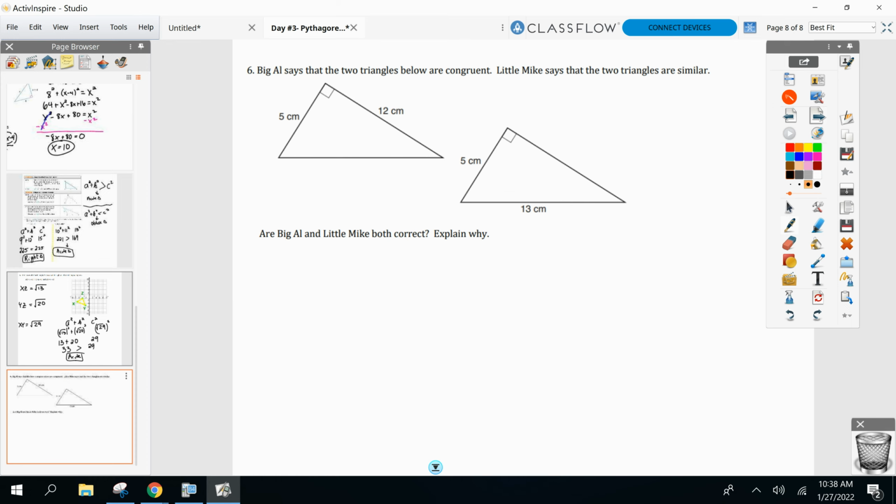They're congruent. Yeah, they would be congruent because this equals 13. Yes, because then B is 13.